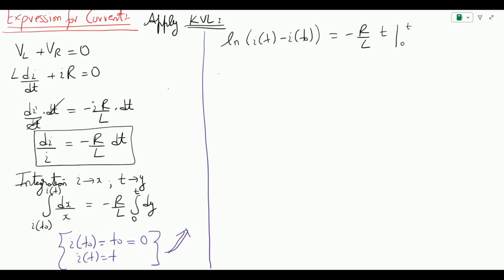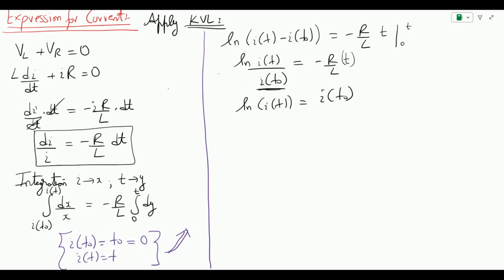So this natural log, when you are getting a subtraction, by principle changes into a fraction, so it will be I of t divided by I naught, and on the other side I will have negative R by L, and t just remains t. And then I can move this I naught to the other side, so I will have natural log I of t equals natural log I naught minus R by L into t.